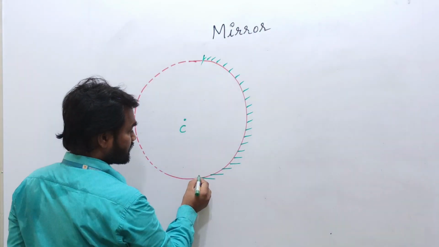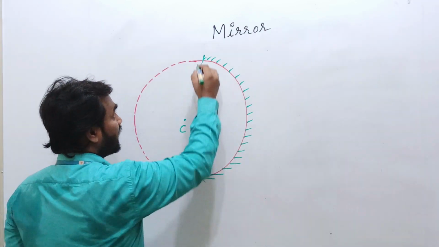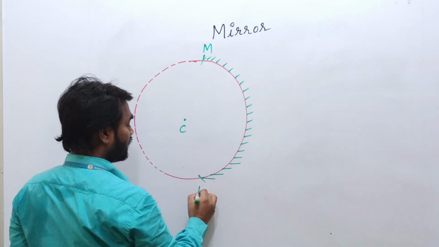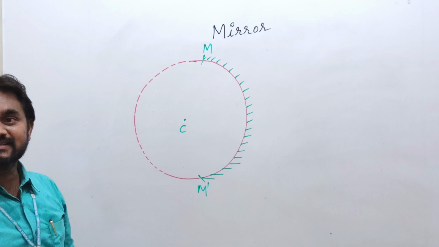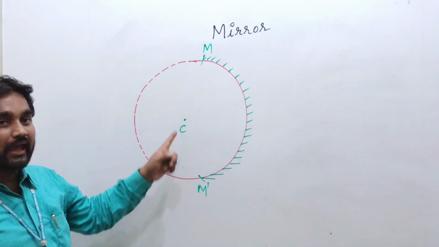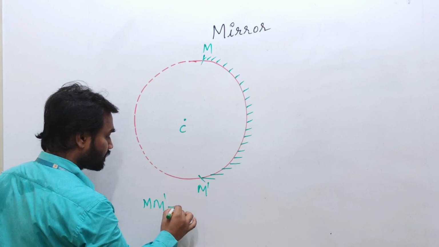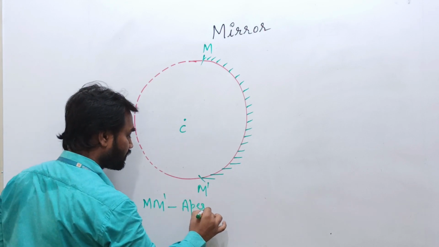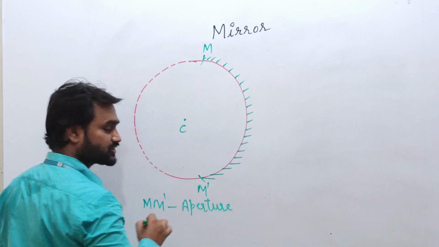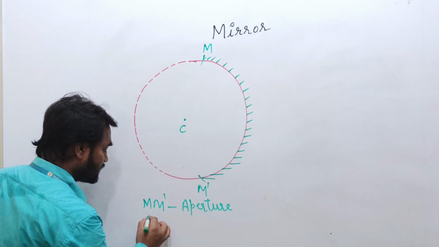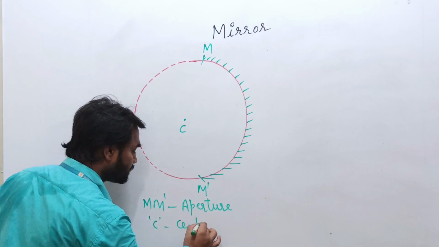This is the reflecting surface, and this is M and M dash, which we call the aperture. C is the center of curvature.